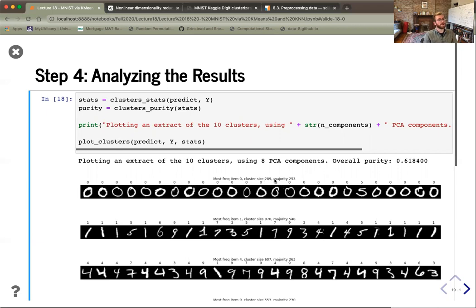So there are 289 elements of this cluster. The majority of them, so this indicates our most pure, is 0. But you'll see that we have a 5 here, which my computer went ahead and thought looked like a 0. So it clustered this 5 in with a bunch of zeros.